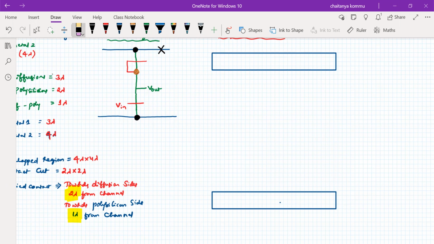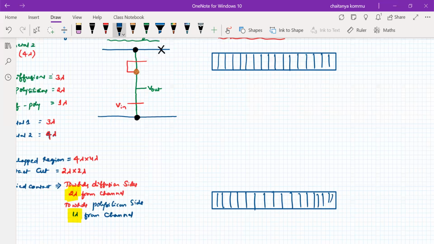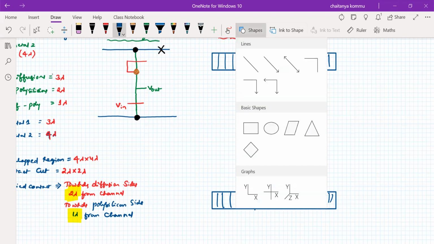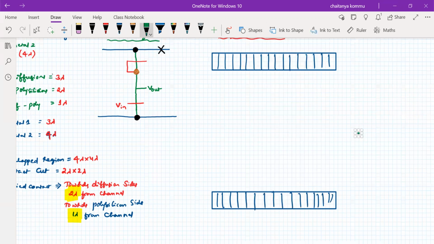Okay, now, better I want to consider these hash lines only so that it will be useful for you to understand. So I'm going to write vertical lines. Okay, so diffusion is available from top to bottom. So here also I'm going to take the green color. I'm going to use this one.